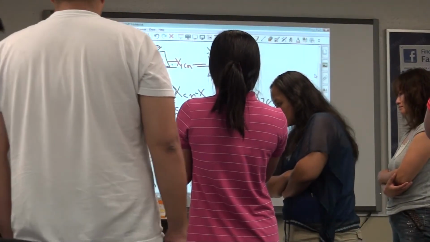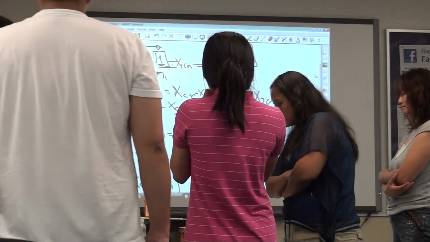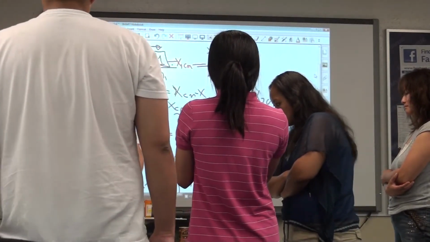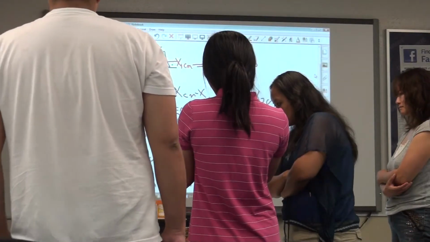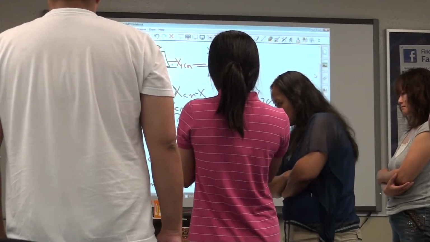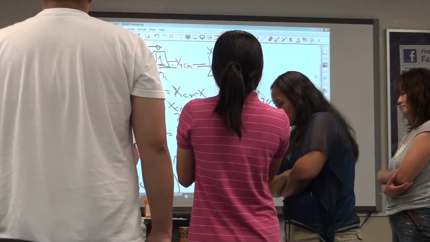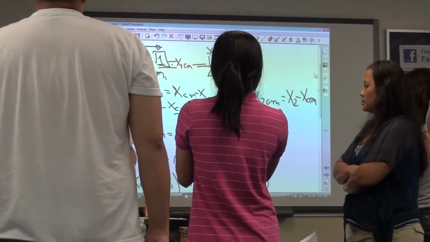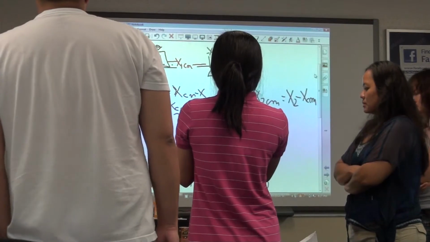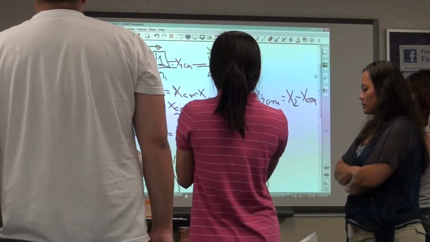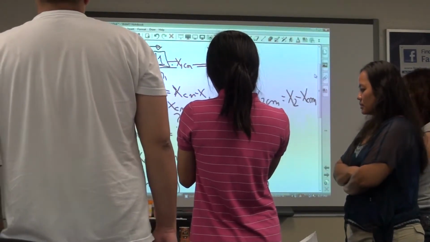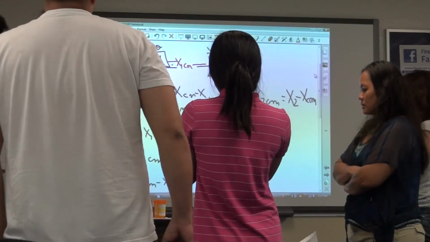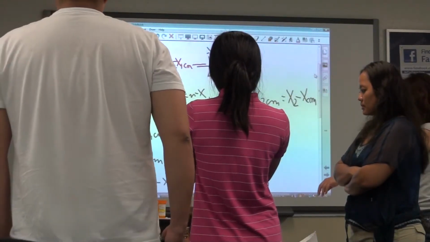So you see the objects have moments about both the x and the y, and the center of mass occurs when the sum of all of the x moments is 0. And the sum of all of the y moments is also 0.